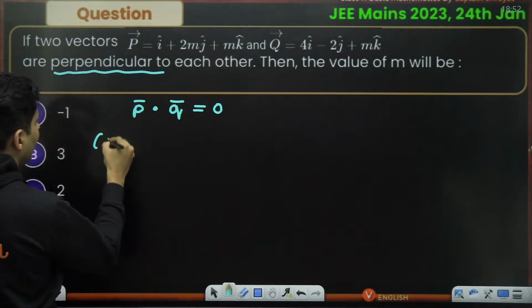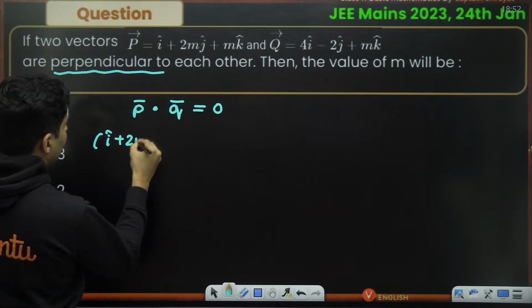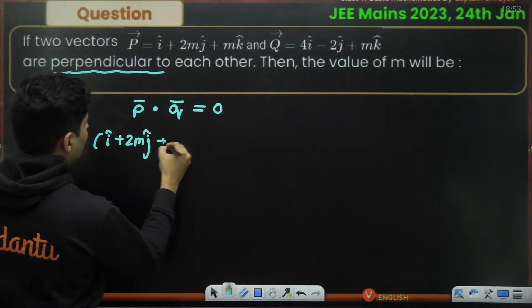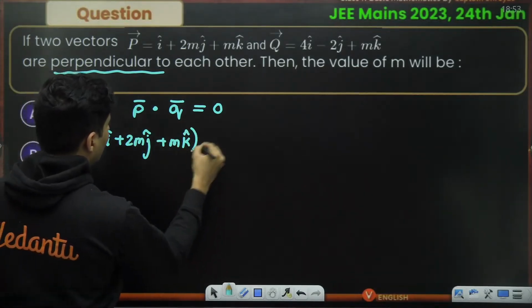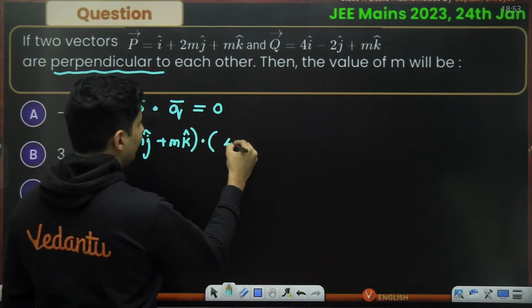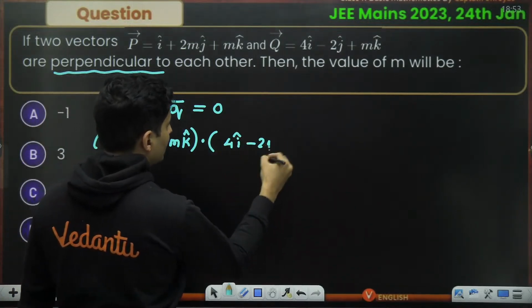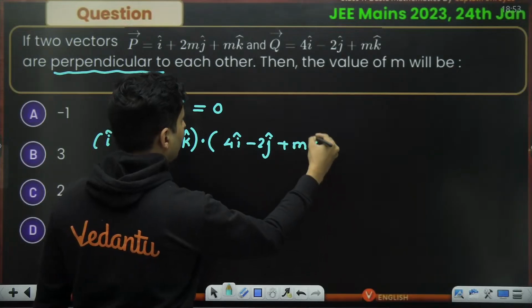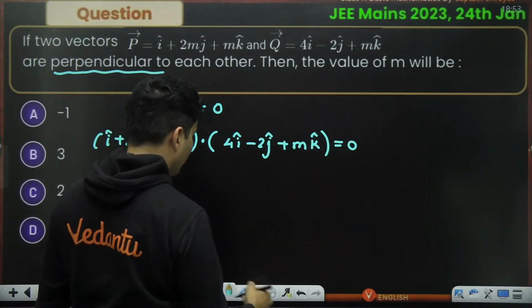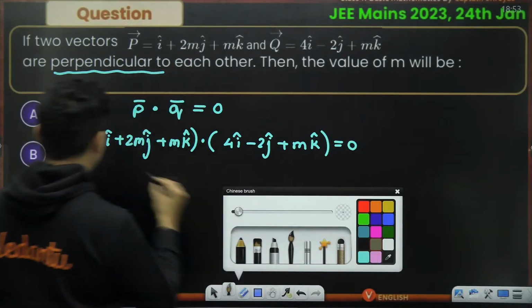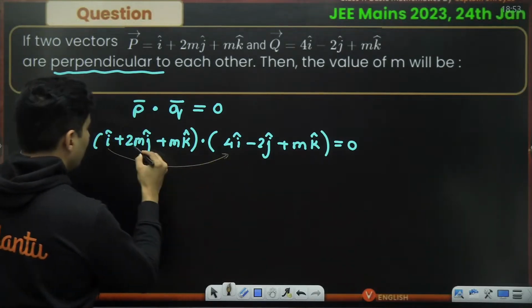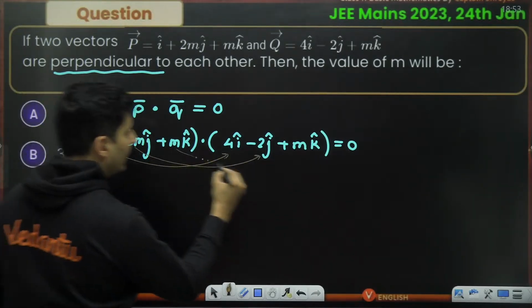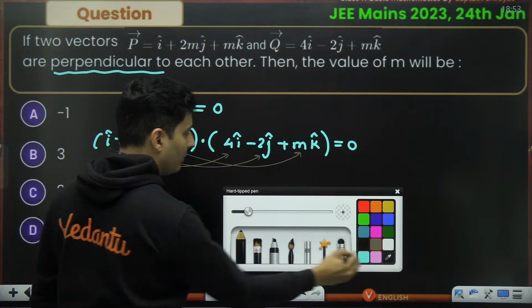So you take i cap plus 2m j cap plus m k cap, dot producted with 4 i cap minus 2 j cap plus m k cap. The answer will be 0. Needless to say, I have to multiply i with i, j with j, and k with k whenever I do dot product.